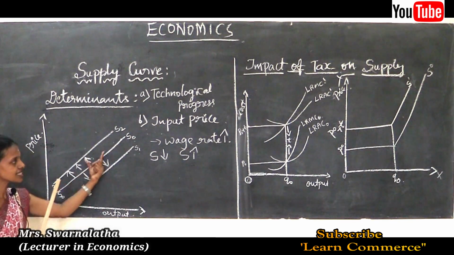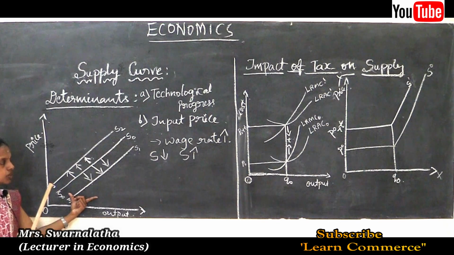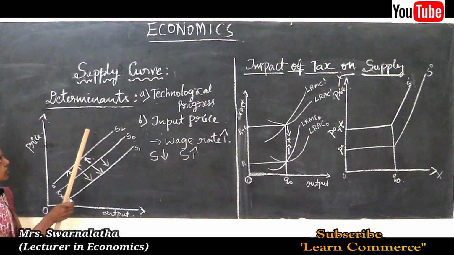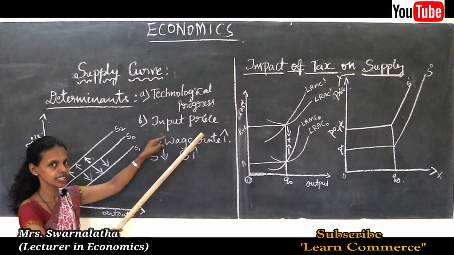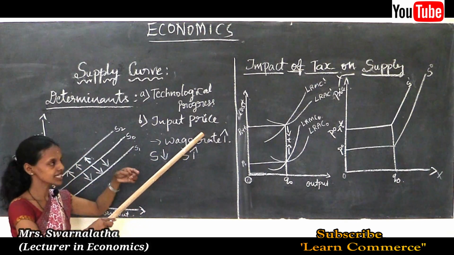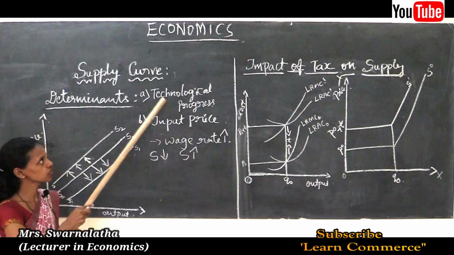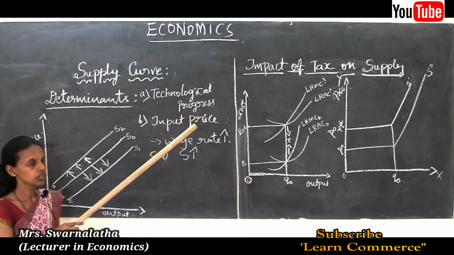So, here SS is nothing but the supply curve of a firm. So, the determinants are technological progress and input price. Many determinants are there, but we are studying here only the two factors that influence the supply curve of a firm.